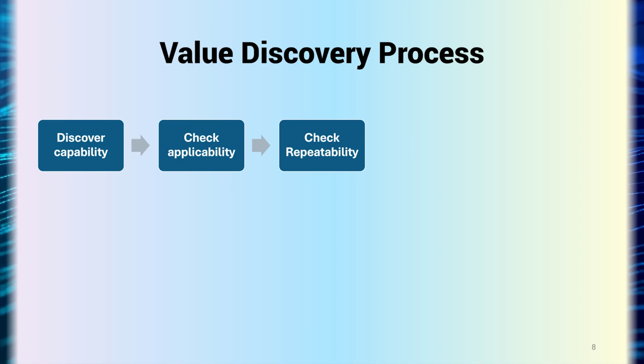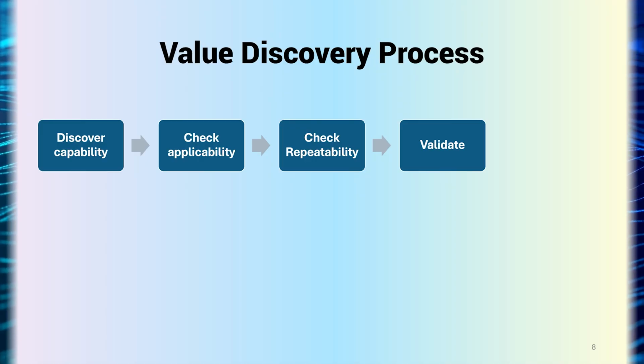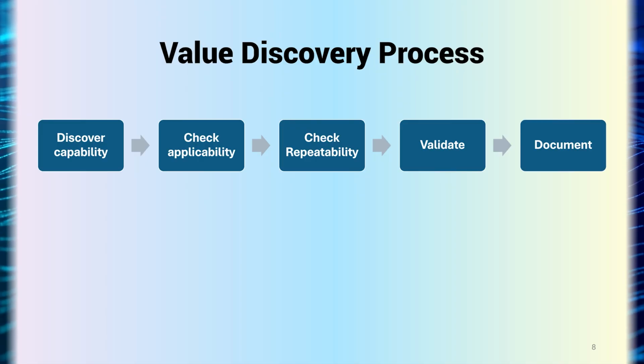That also complicates matters. Why? Because we have never seen this kind of unpredictability before. Now, not only do we have to understand it, we have to live with it and exploit it to our advantage. Once it is validated, then you go and document it.